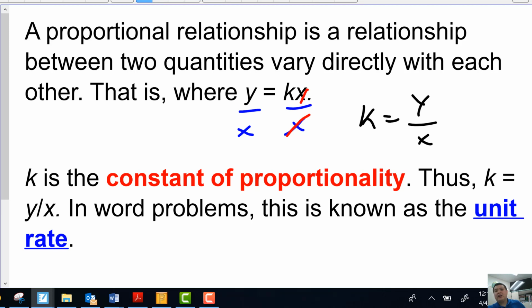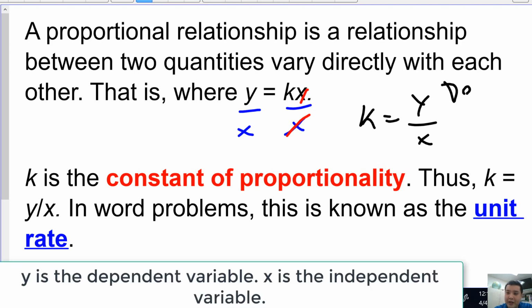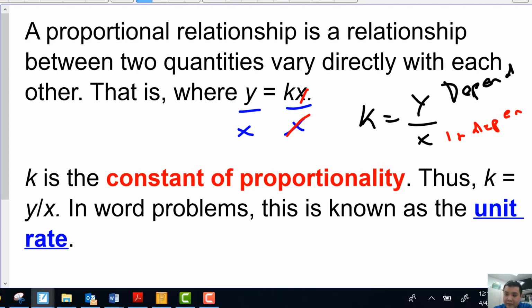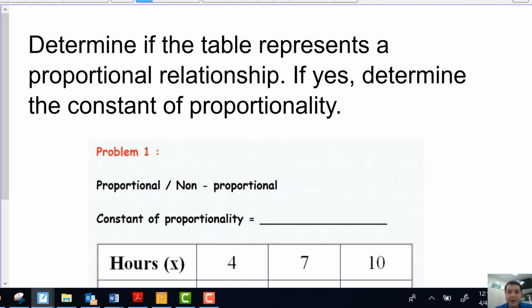So to find the constant of proportionality inside a relationship between numbers, it is y, which is the dependent variable, and x, the independent. In word problems, this is known as the unit rate. So let's talk about what this all means right now.